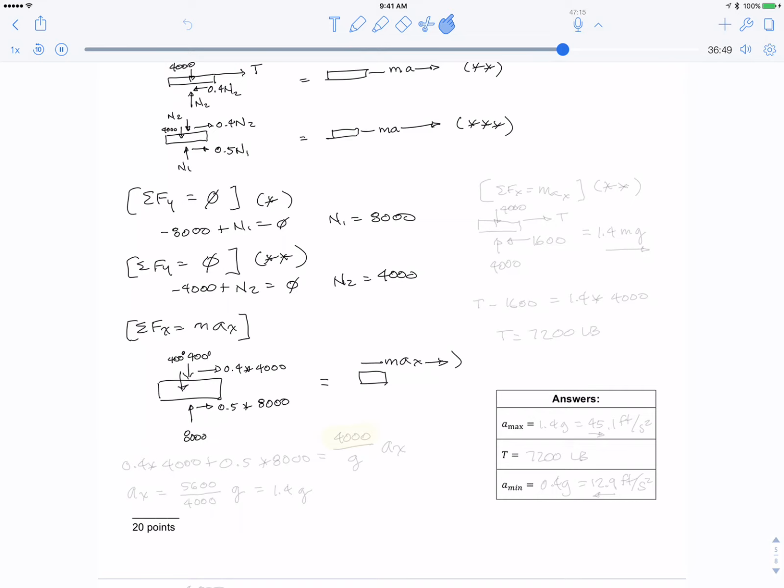So, just taking the components, we get 0.4 times 4,000 plus 0.5 times 8,000 equals the mass, which is 4,000 over G, times ax.